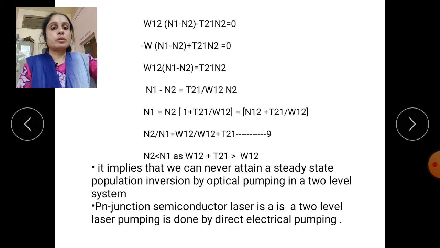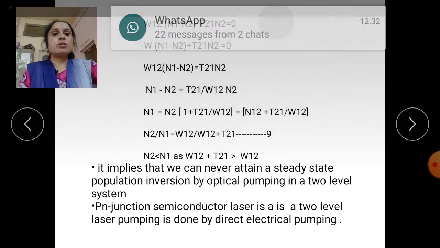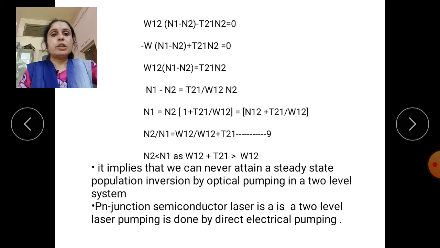So, these equations are formed: W12 (N1 minus N2) minus T21 N2 is equal to 0, and W (N1 minus N2) plus T21 N2 is equal to 0. In this state we get T12 is equal to T21.